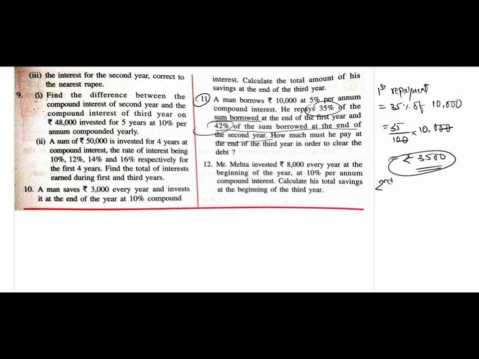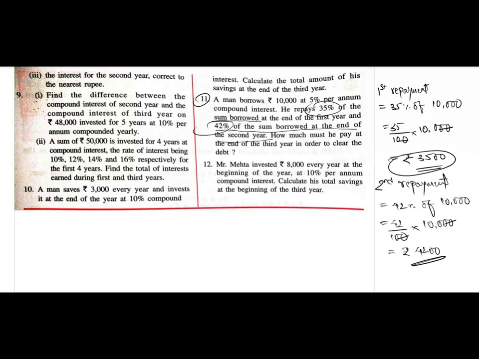So second repayment is equal to 42% of the sum borrowed. So 10,000 into 42 upon 100. Of means multiplication. I hope you remember percentage from last year. So this will be rupees 4200. Right? So you got first repayment, second repayment.